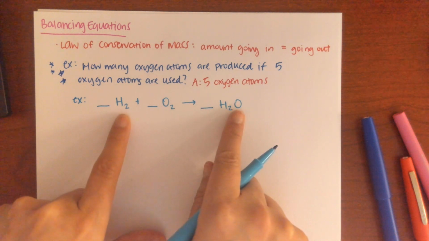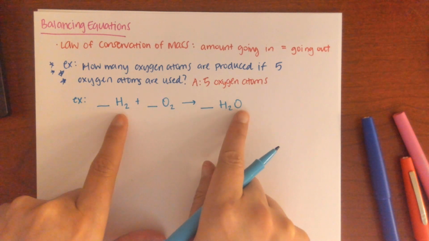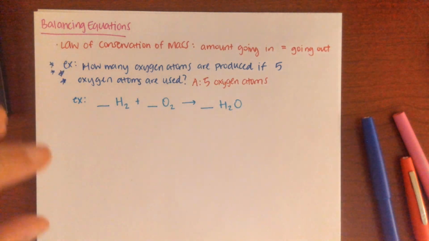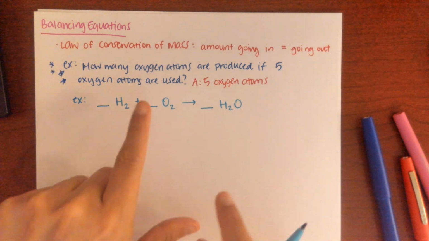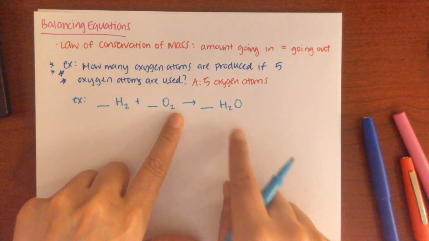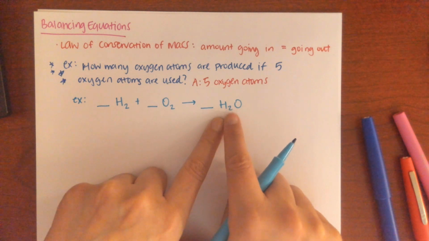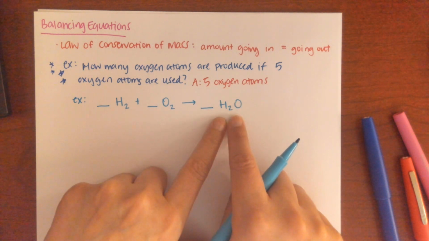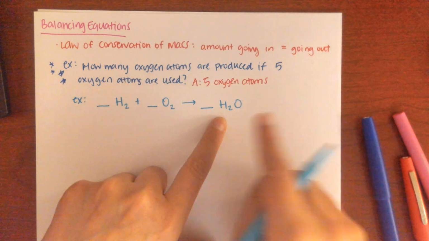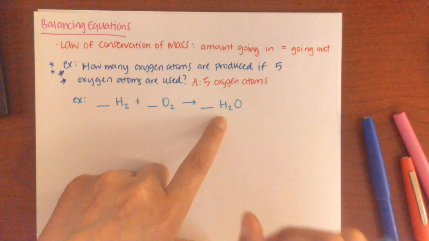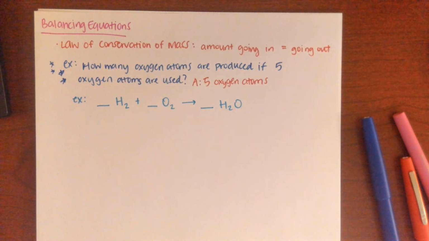Because when we're trying to make a reaction balance, we add more of the whole compound. We don't change the actual components of the compound. If we change this H2O to HO, it's no longer water, so we'll just have to add another water, for example, if we need to balance the other side.